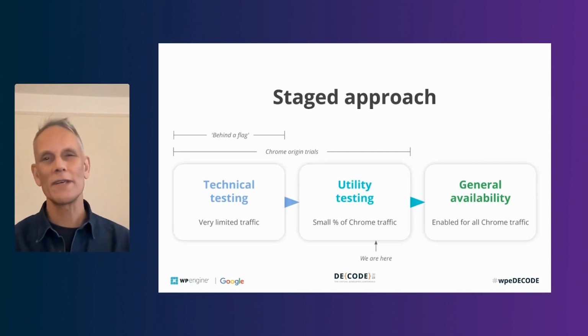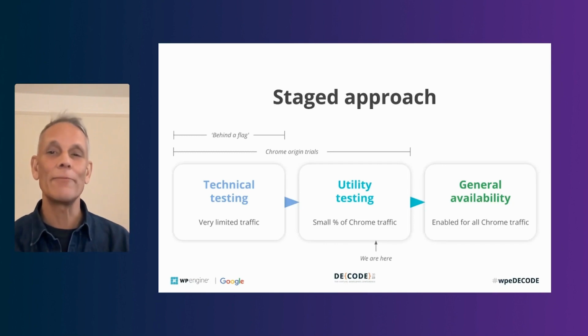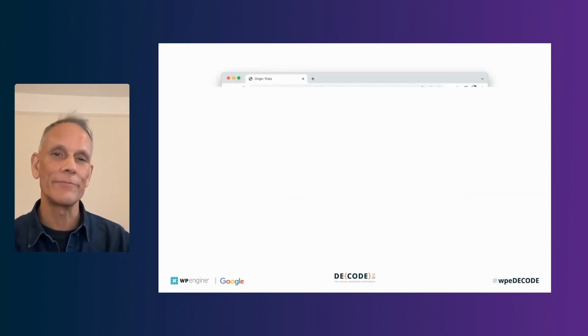Now, that's a small percentage of overall Chrome traffic, of course, but it's enough for limited testing of the APIs with real users. Now, we're moving towards launch in Chrome Stable, where the APIs will be available for all users by default, and I'll come back to the timelines for that later.